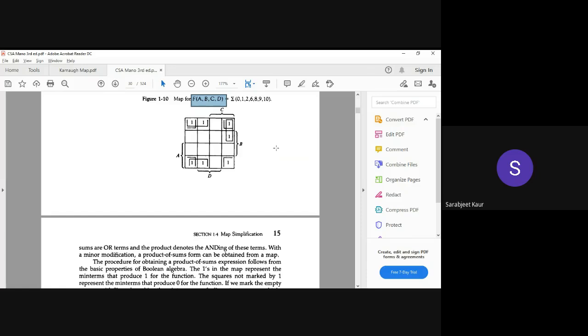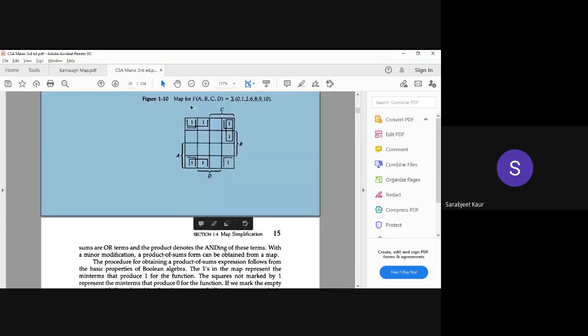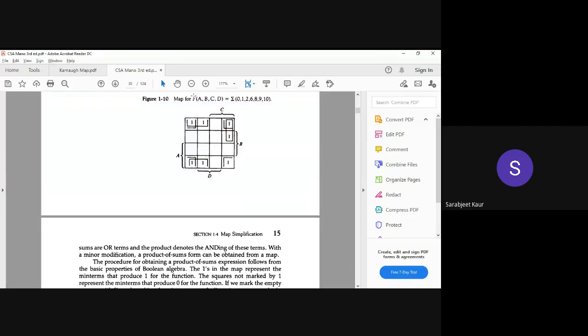Have you understood this? Okay. So the only difference is that after we've grouped zeros and obtained the reduced expression, I put it equal to f dash. But I had to simplify, what was my question? The question was to simplify this expression f in the POS form.